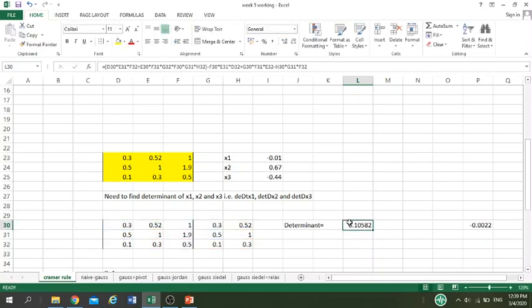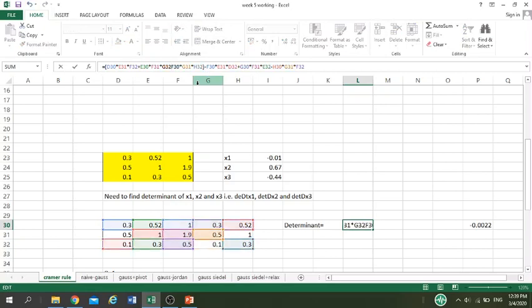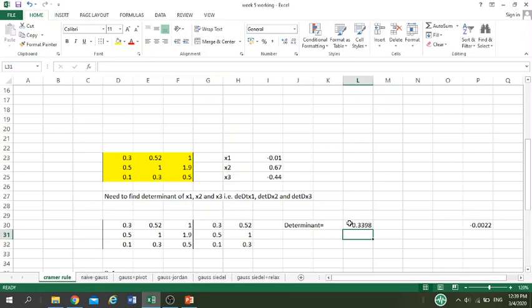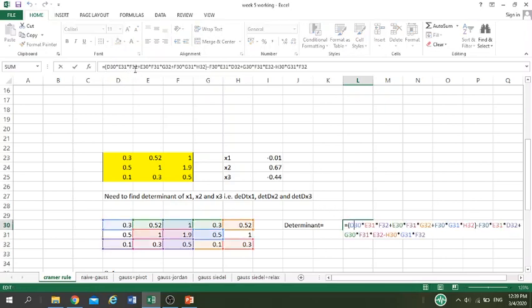Okay, I got where I went wrong. It should be plus. It should be minus.